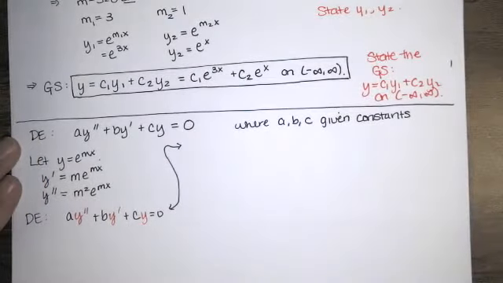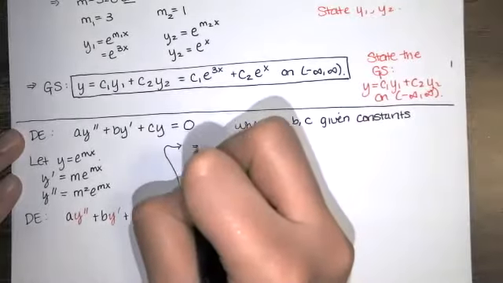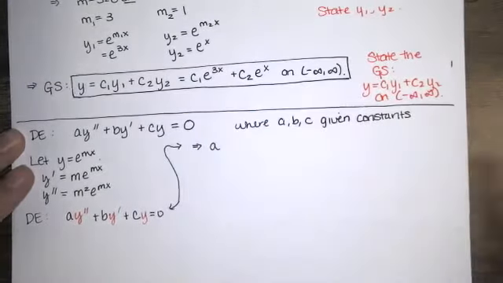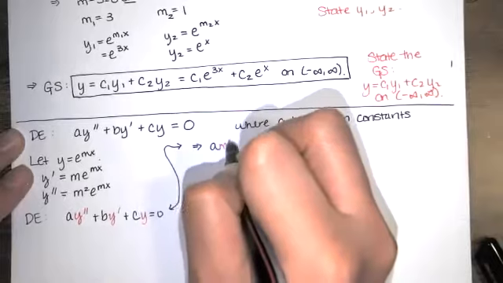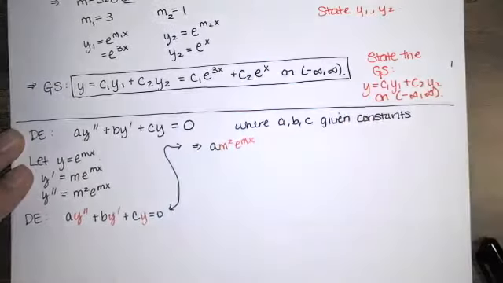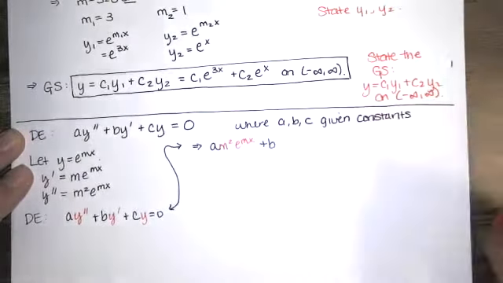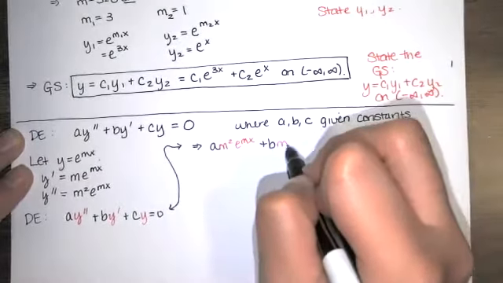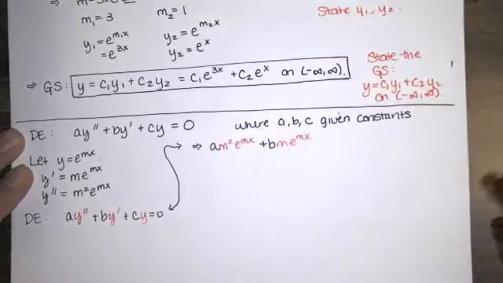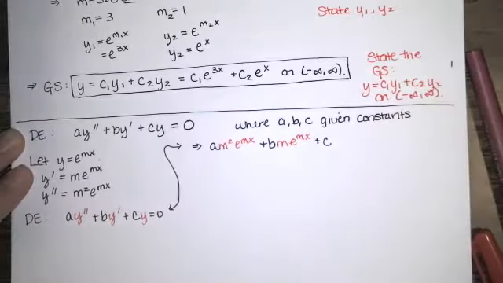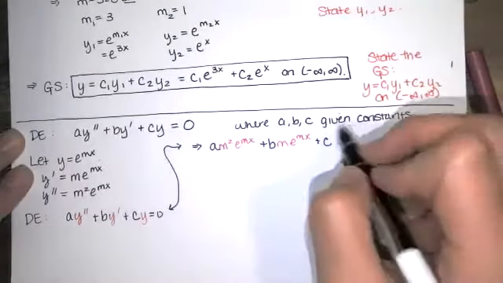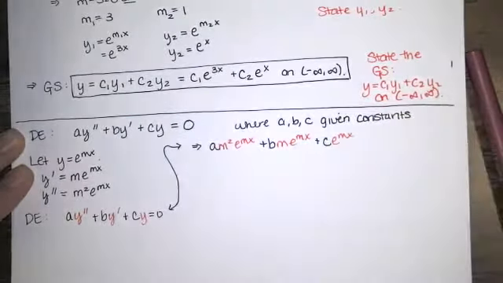And if y is e to the mx, that results in this equation. We've got a times y double prime plus b times y prime plus c times y, which was e to the mx, that was our guess, equals 0.